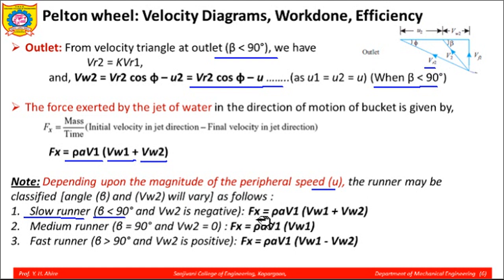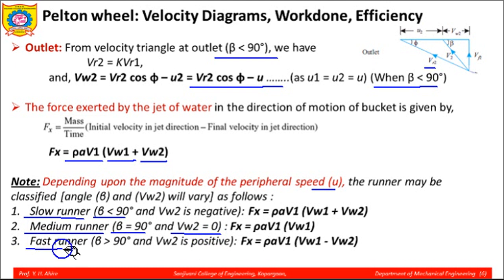So the formula of force is Fx is equal to rho a v1 into Vw1 plus Vw2. Next is medium speed runner. For this, the beta angle is equal to 90 degree. So Vw2 will be equal to 0. So Fx is equal to rho a v1 into Vw1.